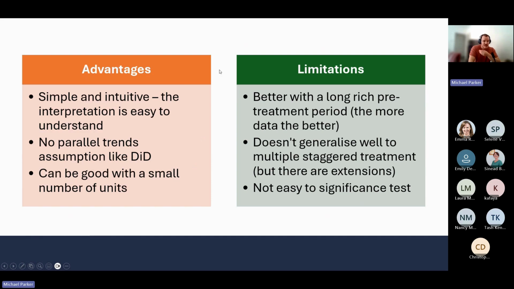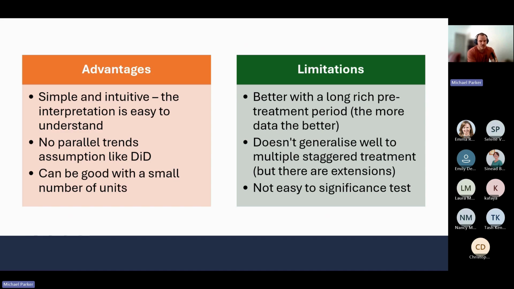Some of the limitations are it is better with longer, rich pre-treatment data. So the longer you have, the better, because you'll give the model more opportunity to understand the underlying patterns. It doesn't generalize well to multiple staggered treatments, and there are methods to extend this. So you want everything to have occurred at the same time.